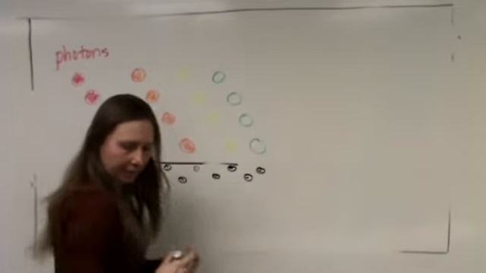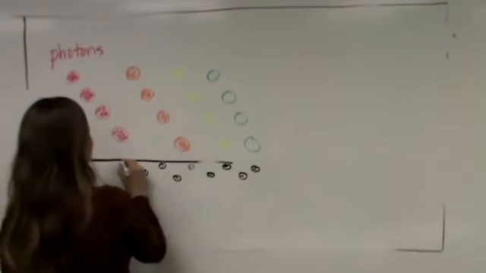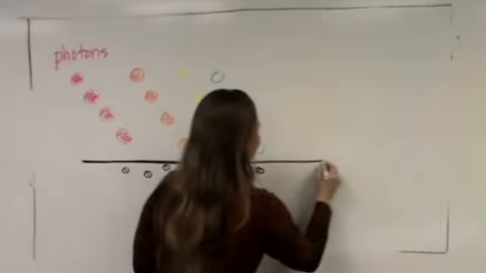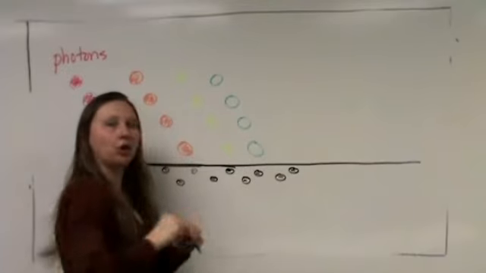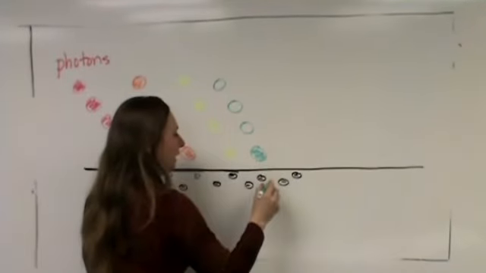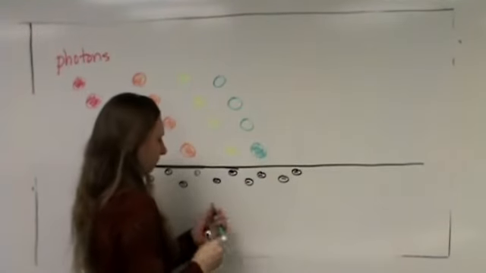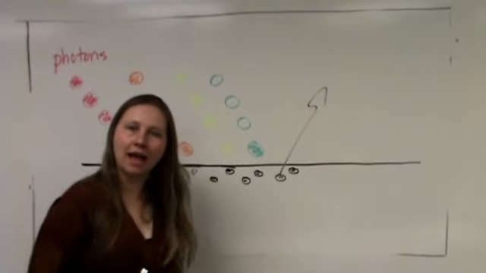All right, so let me extend my piece of metal. I need a bigger piece of metal. Here we go. All right, and here are the electrons. And what happens when a green photon hits an electron? Wow, did you see that?